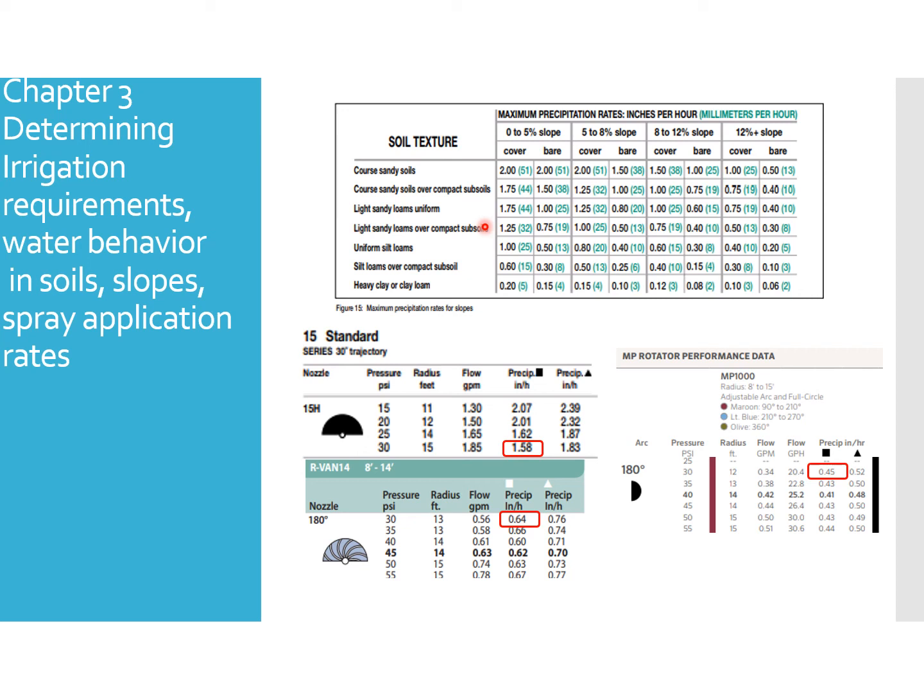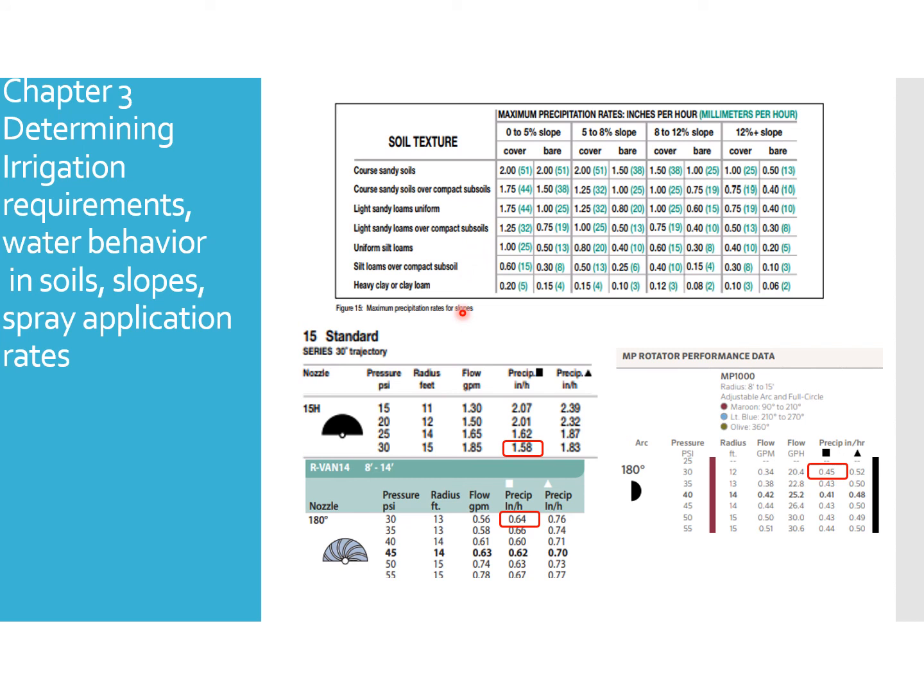But for a moment, think about the Weather Channel, and when you wake up in the morning and you hear that we got 1 inch of rain overnight, that number is a big number. This chart is talking about 1 inch of water in an hour, so you can imagine that that's quite a bit of water being applied here.